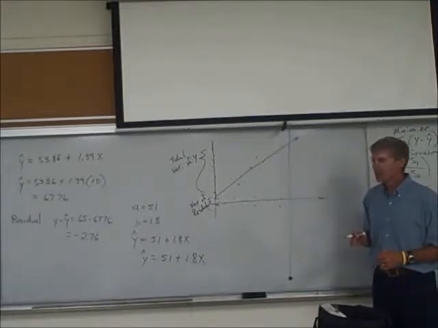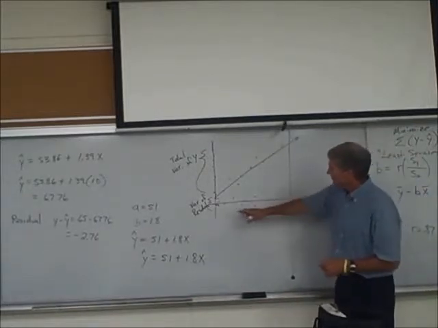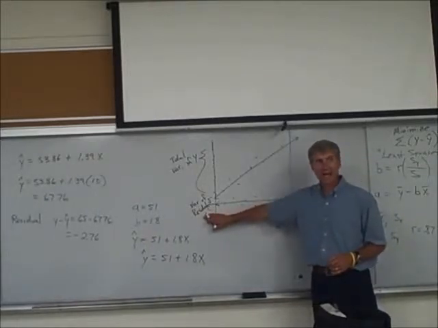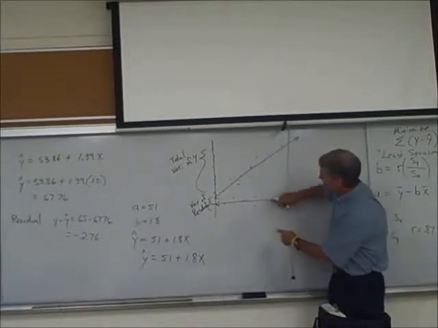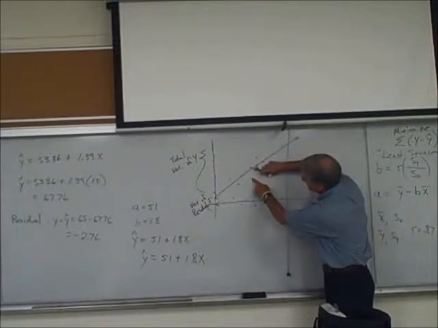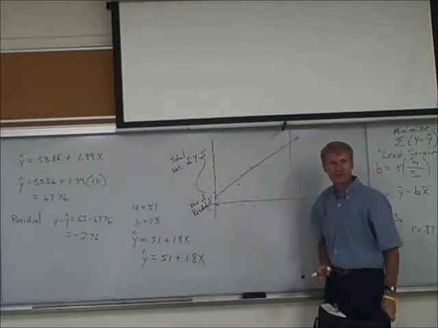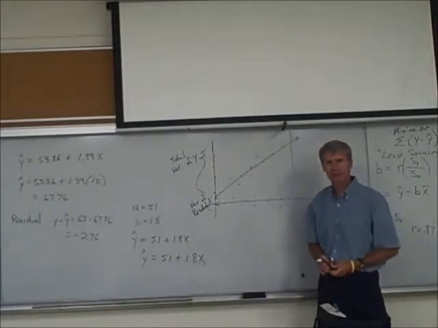Now, the residual variability is the variability that cannot be explained by shoe size alone. For instance, right here, these are two girls with the same size shoe. How come this girl's shorter than that girl? Explain that to me.